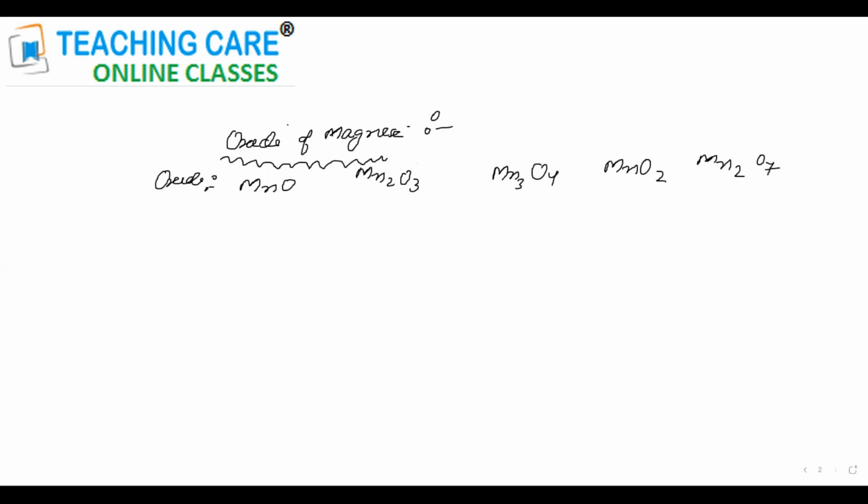If you check the oxidation state of these, MnO and Mn2O3 have +2 and +3 oxidation states, so they are basic oxides.